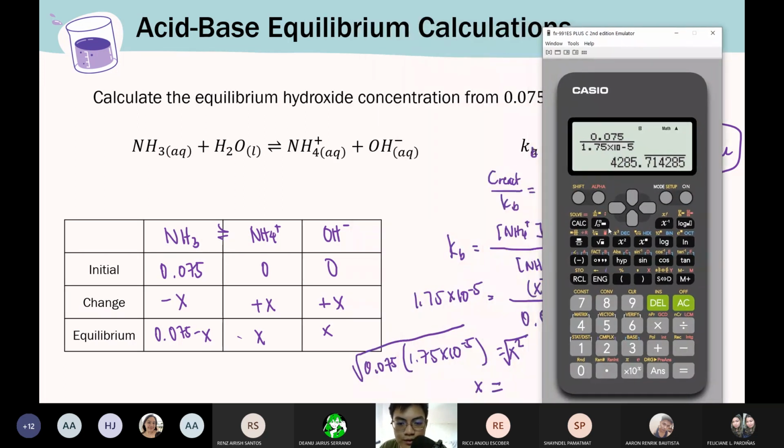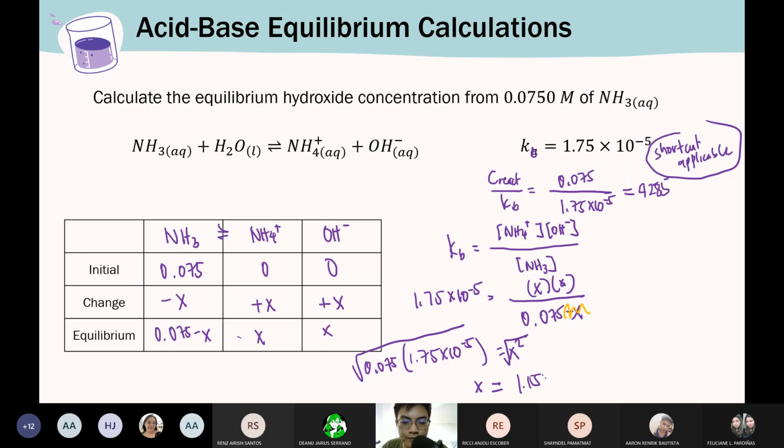Ayan. The square root of 0.075 times 1.75 times 10 raised to negative 5. So this is the x value, 1.14 or 1.15 times 10 raised to negative 3. So yun na yun. So 1.15 times 10 raised to negative 3.